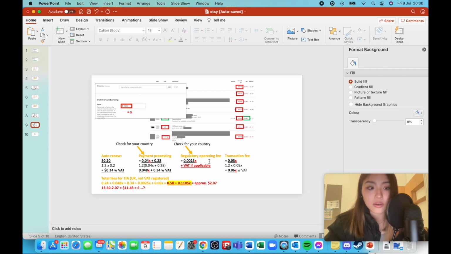They don't say anything else, but there's a lot of hidden fees involved, as you can see here. So hopefully you'll be able to work out your own equation and then price your products for that. I might do a separate video for how to price your products, because I think there's more to that than just this, but hopefully that's all clear for now.